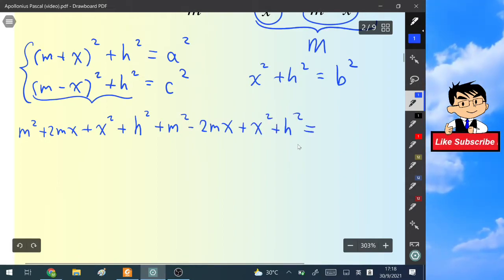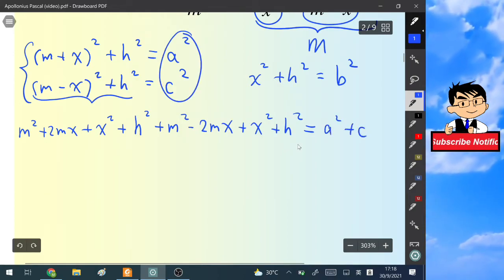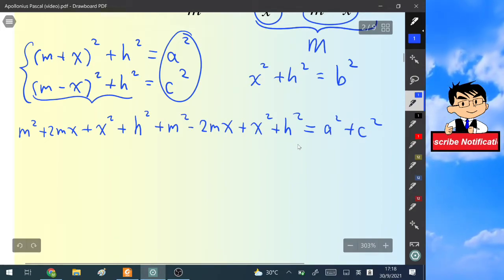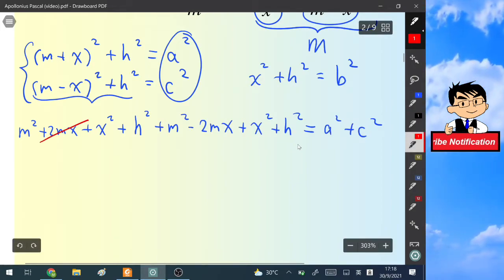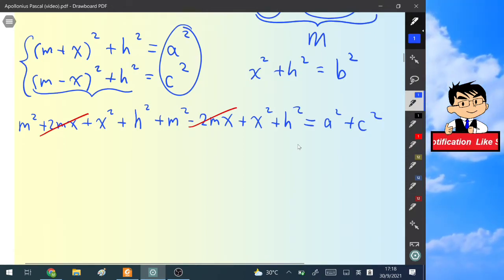For the right hand side, we add up a square plus c square. So we can cancel some terms: 2mx we can cancel out, and we can group the terms.